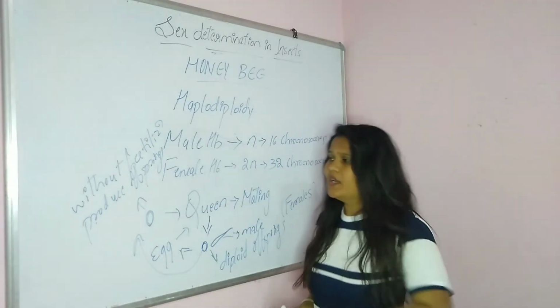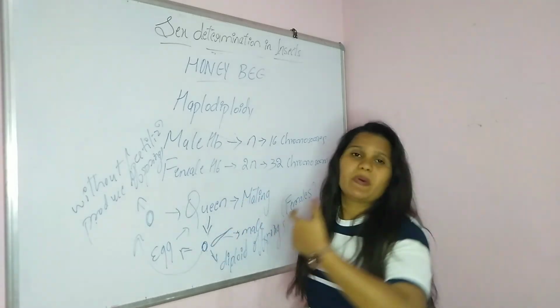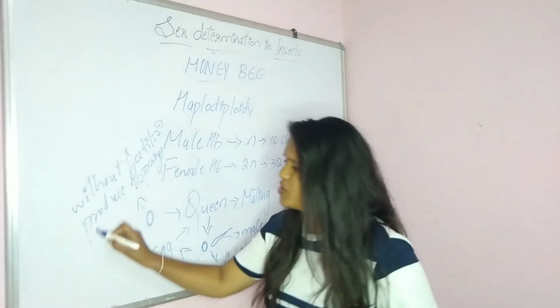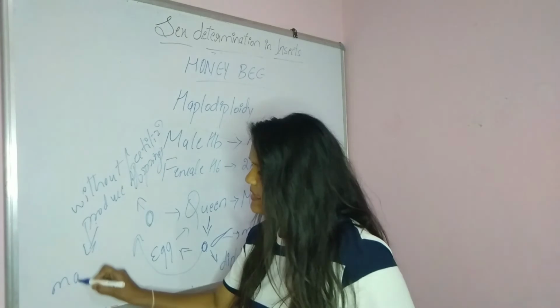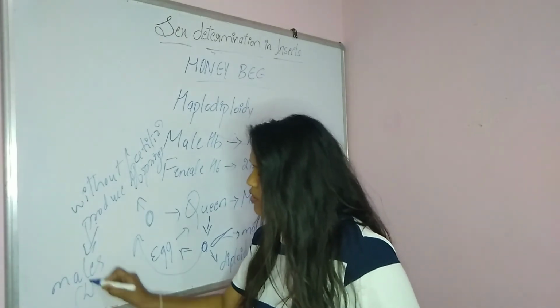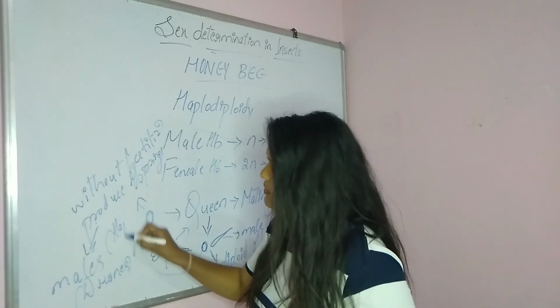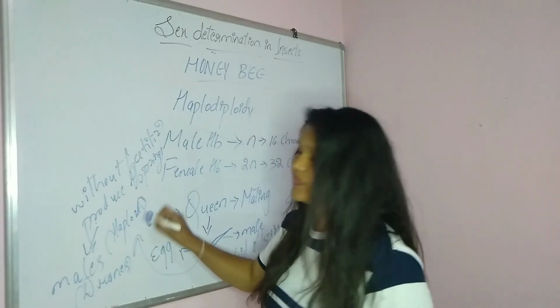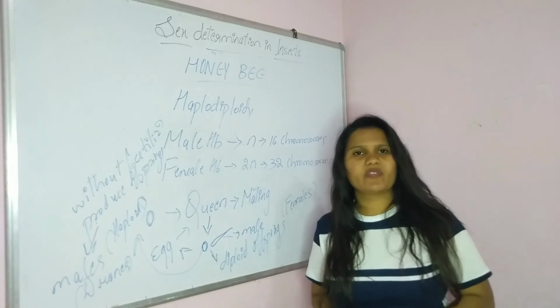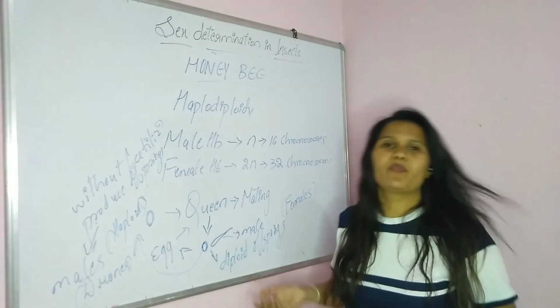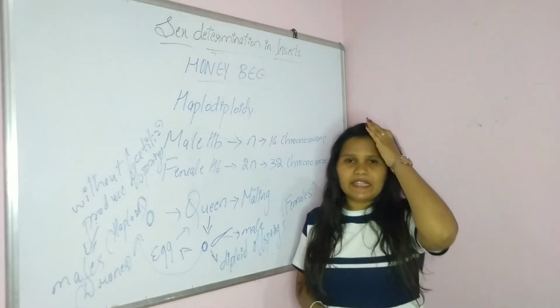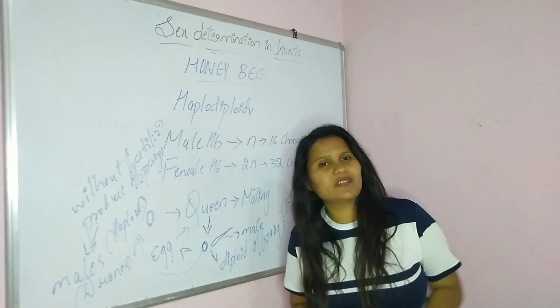So then the offsprings which are produced without the fertilization, they are called as the males or drones, because they are haploid. Is this clear? How come without fertilization the egg can produce, right? So I think you all know parthenogenesis, right?